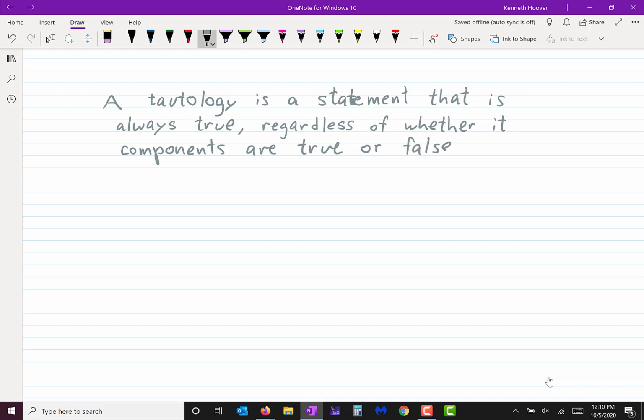And I'm going to show you a few of these. Okay? So, one is the statement P or not P. That's always true, whether P is true or not. That's very easy to see. The only variable here is P, so it's going to be a very small truth table.